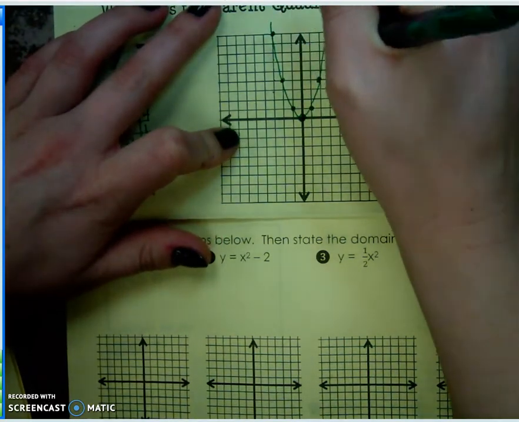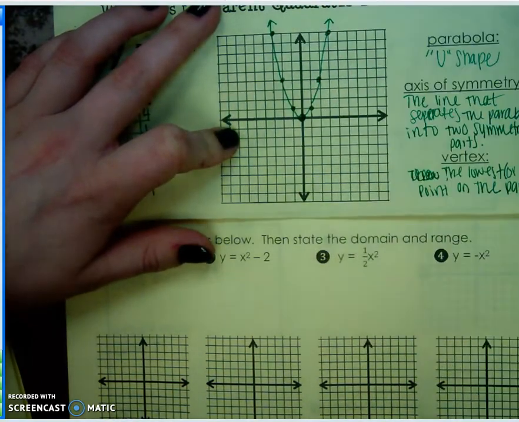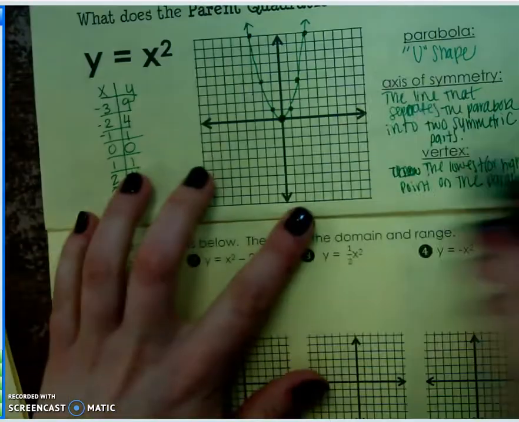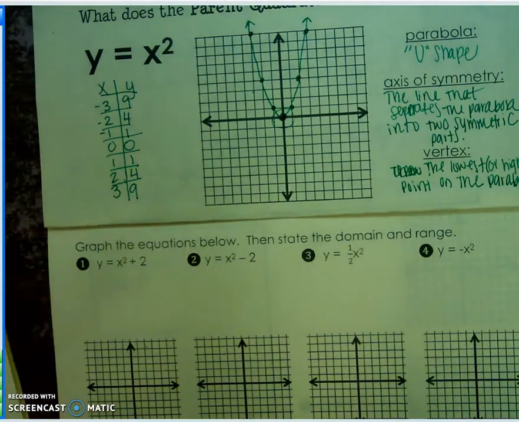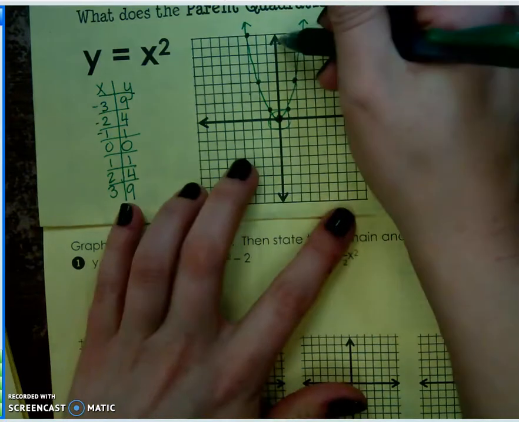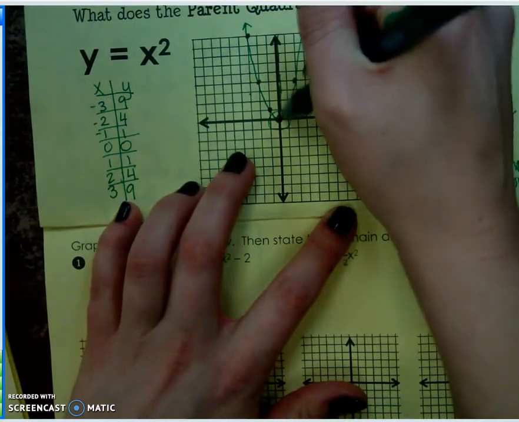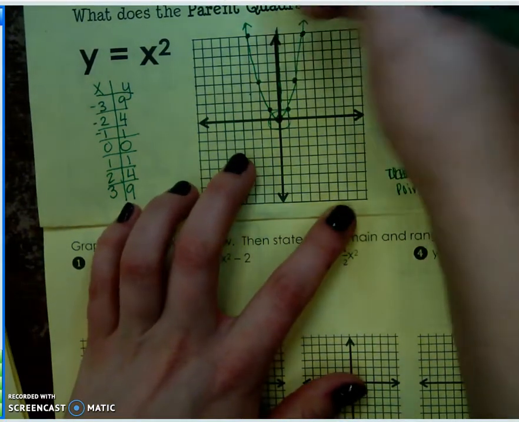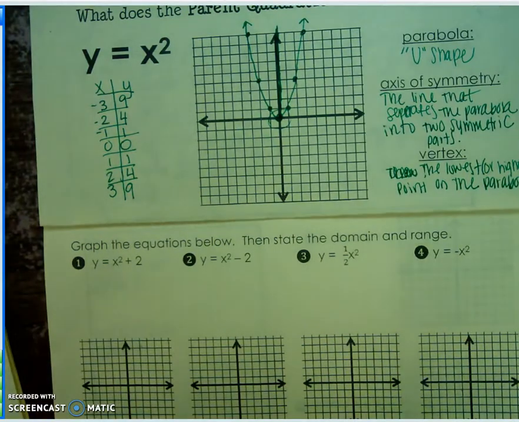Okay, there is our parabola. There's that U shape. Here is our vertex. It's that lowest point on the parabola. And our axis of symmetry is actually the y-axis right now. That's what's splitting it into two even parts.